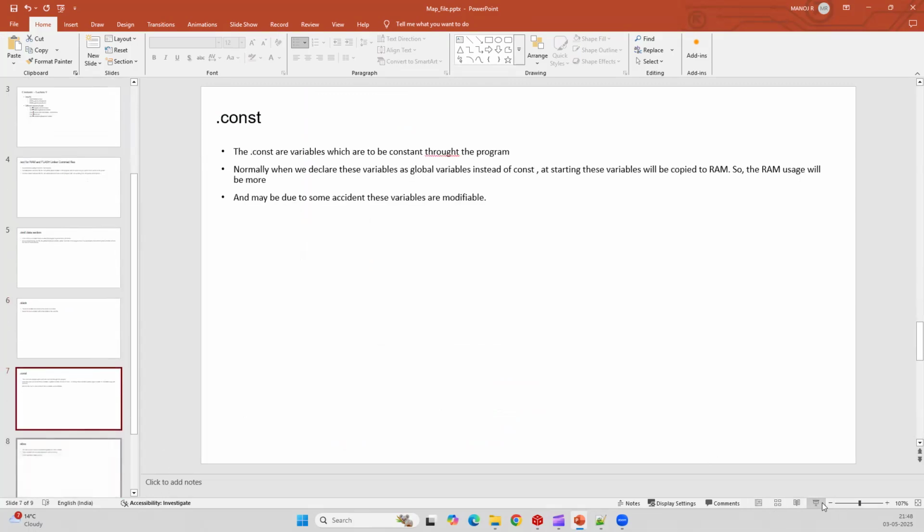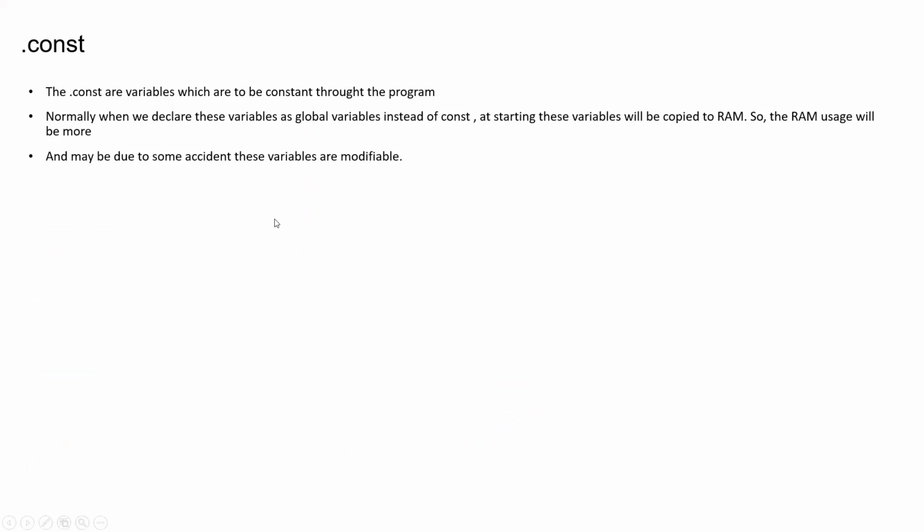Then when you talk about the .const, these are variables which are to be constant throughout the program. Normally, we can declare these variables as global variables also, right?